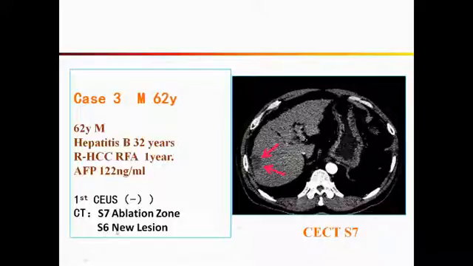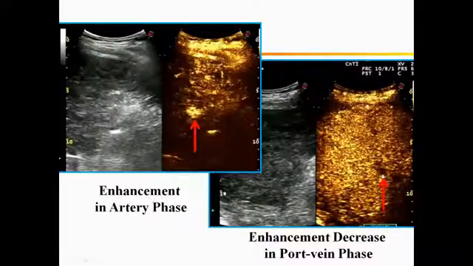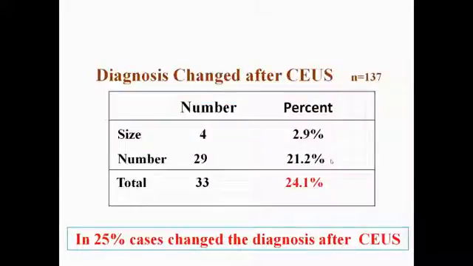Here is the new lesion in the artery phase, and we can see the washout in the portal venous phase. It's a very small one, just about 1.5, and the enhancement washes out in the portal venous phase. So it's very surprising news for the patients, and also very good news.